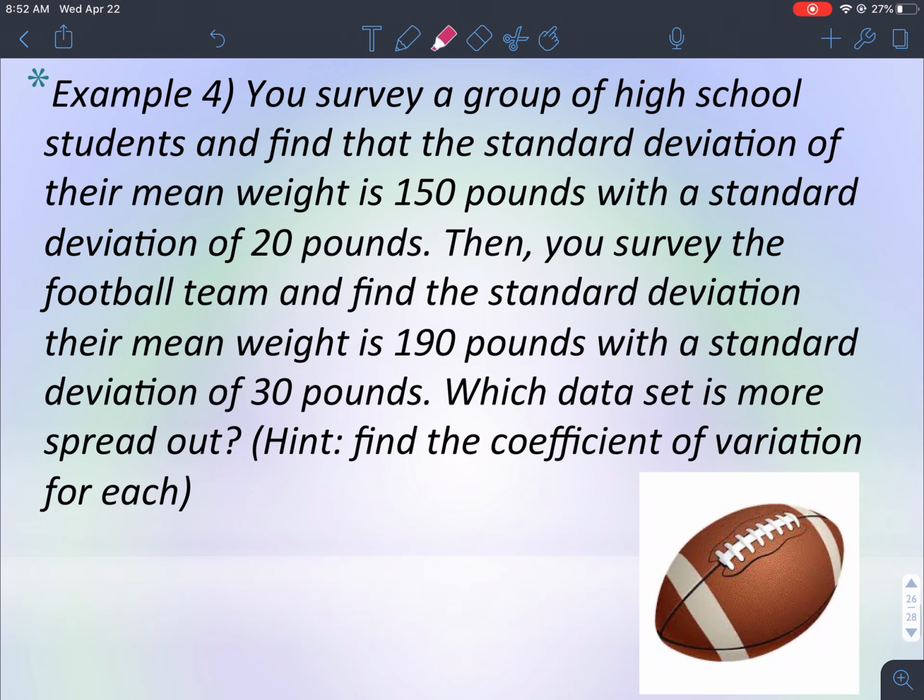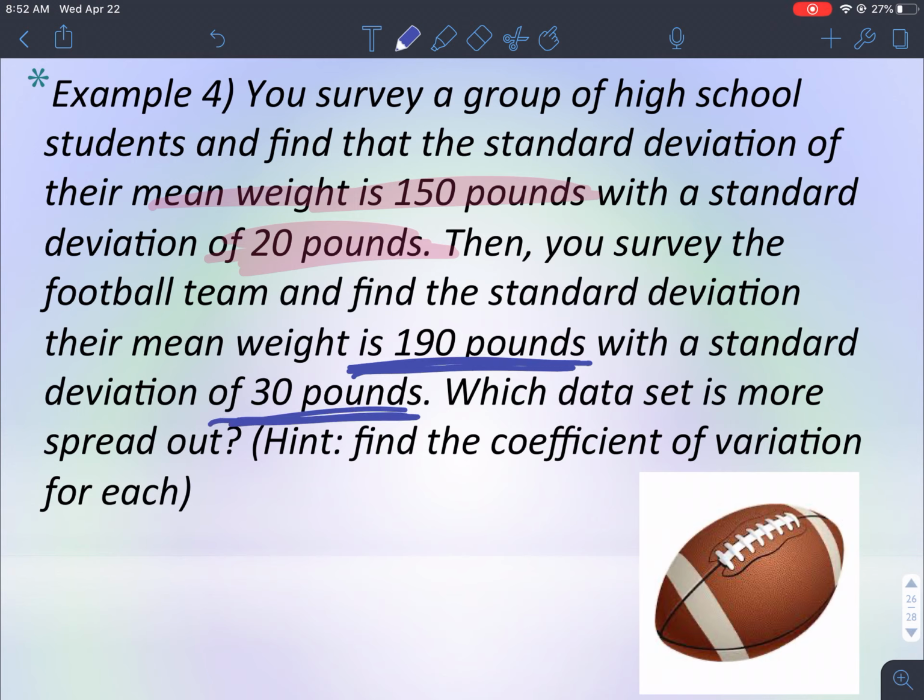So, you survey a group of high school students and find that the standard deviation is 20 pounds and the mean is 150. Then you decide to survey the football team and find that their mean weight is 190 pounds with a standard deviation of 30 pounds.